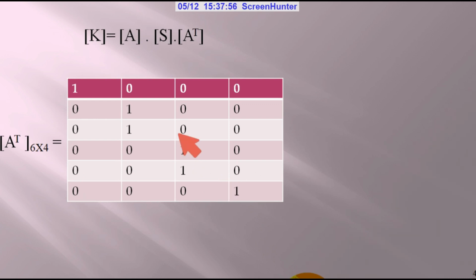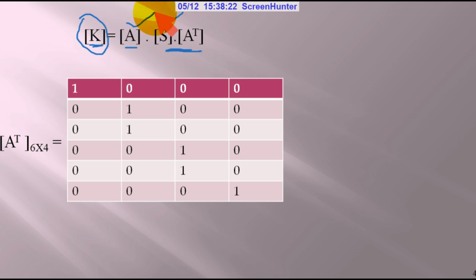See here, global stiffness matrix I have abbreviated by K. So, global stiffness matrix is the multiplication of A S A^T matrix. S stands for stiffness matrix, which we have already developed in my previous lecture.